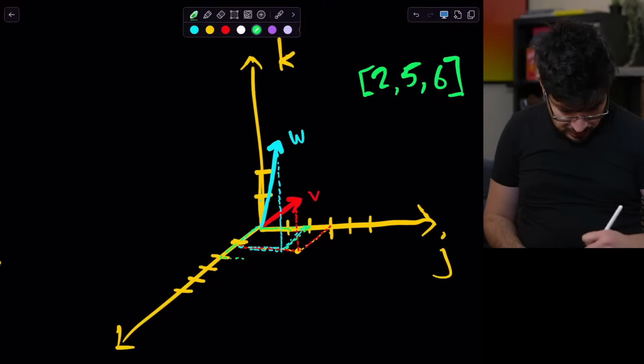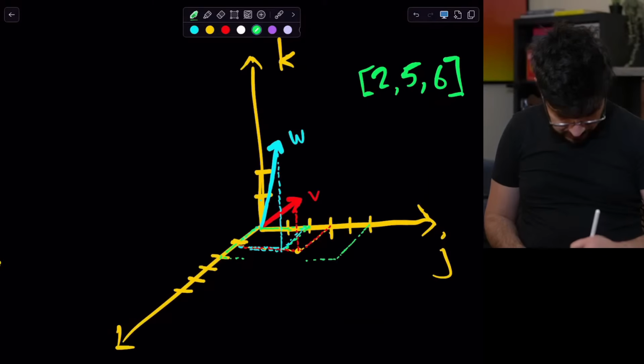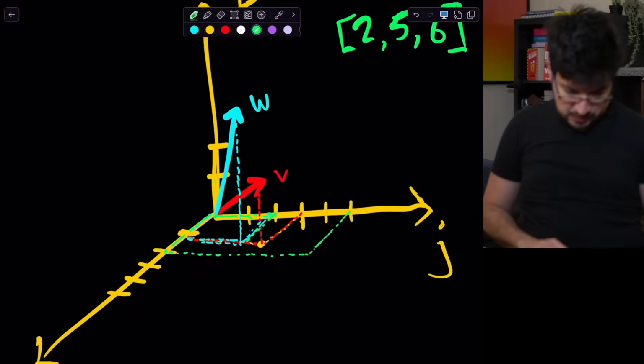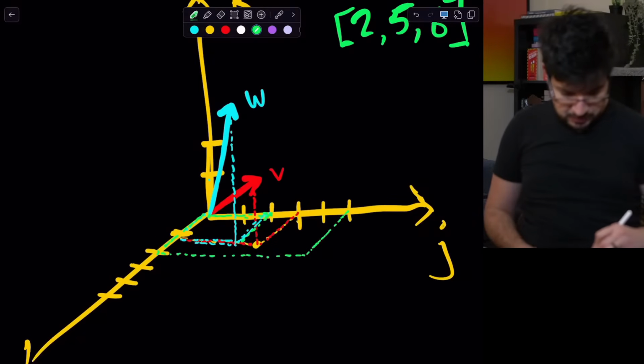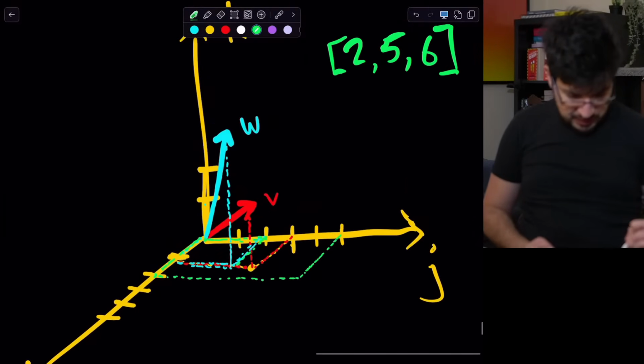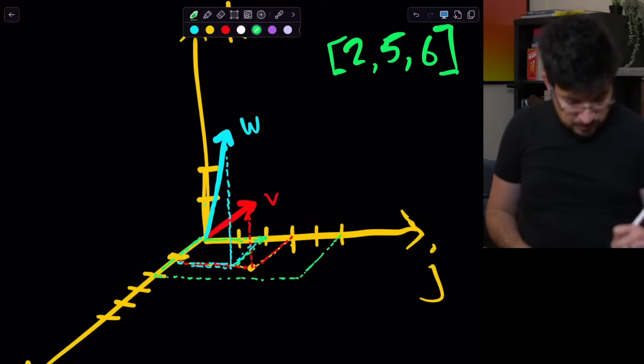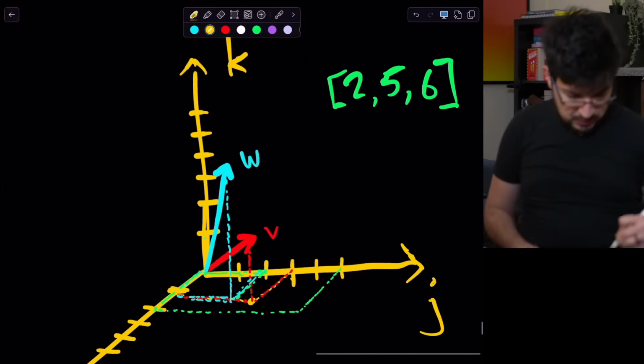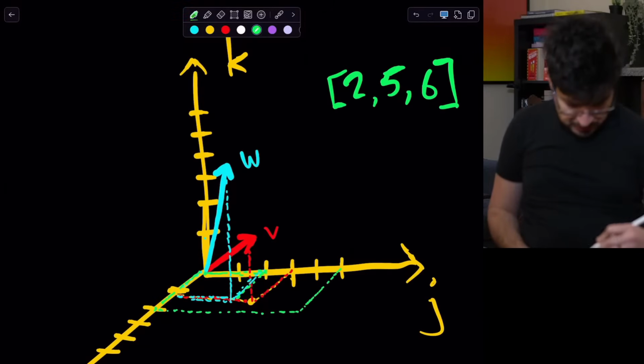If we draw parallel-ish lines here, then there's that parallelogram. 2, 5, and 6. So 1, 2, 3, 4, 5, 6 in the K direction.